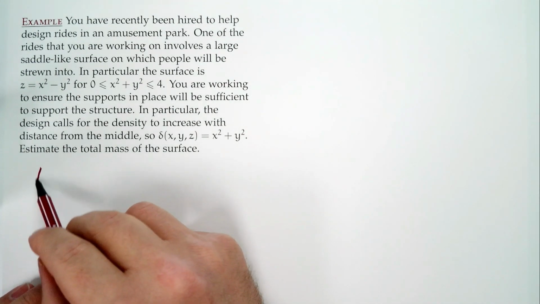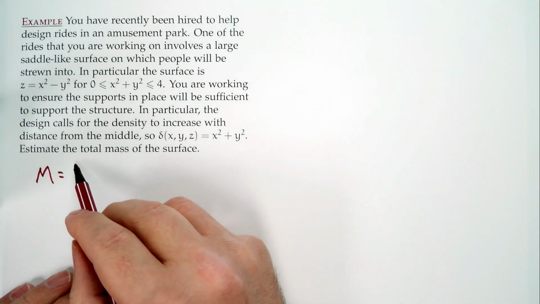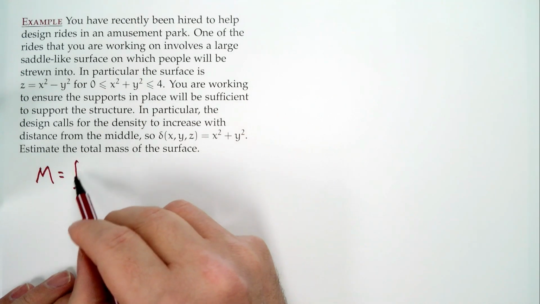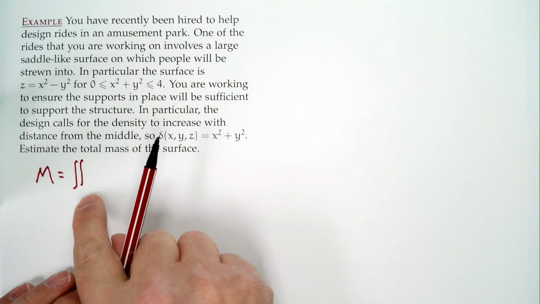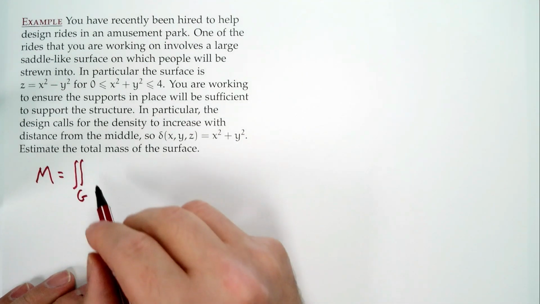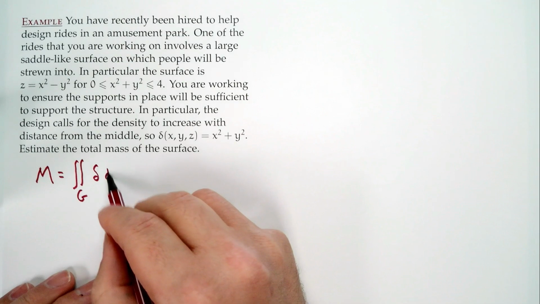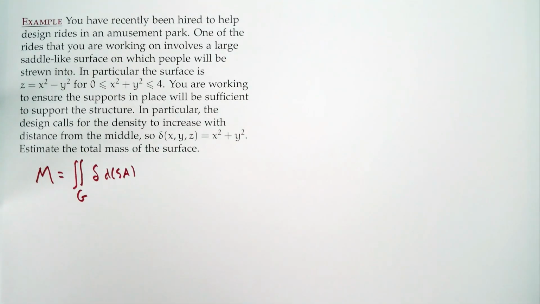Well, that's not so hard. We just think about, okay, how do you find mass? In any case, it's always the same thing. We integrate, and because we're looking for mass of a surface, a two-dimensional thing, so integral over our surface, we'll call it G, of our density, dS. All right, good. That's right. That's it, right?